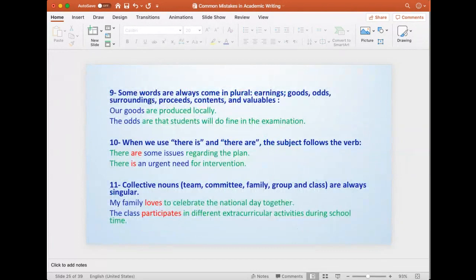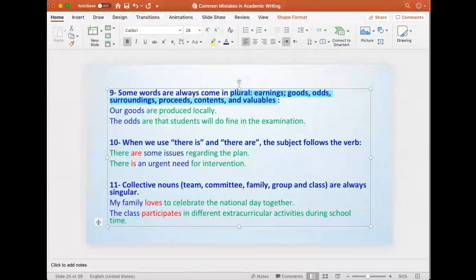All right. Some words always come in plural, like, for example, earnings, goods, odds, surroundings, proceeds, contents, and valuables. They always come in this plural format. So here, I would say our goods are, the odds are. So I would use them in the plural format with are.